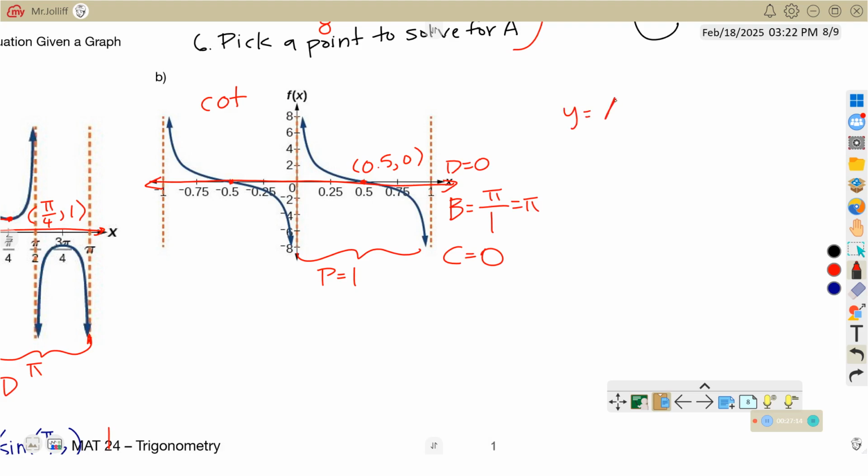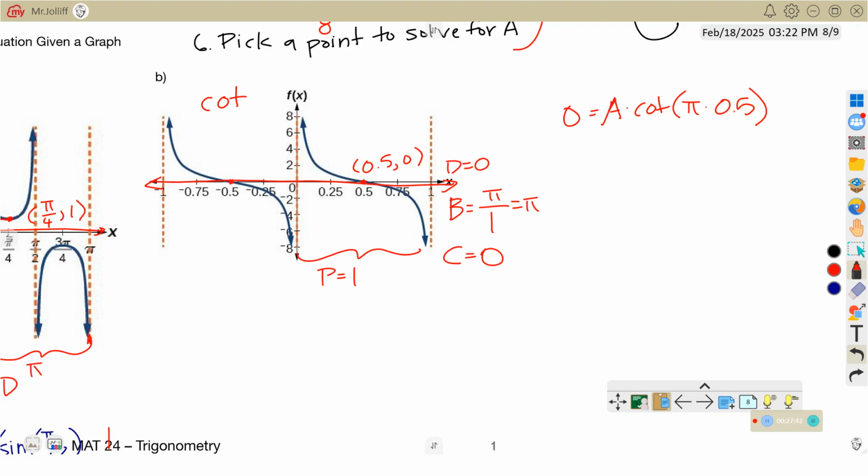Y equals A, not tan, cotan, and then B is pi times X, which is 0.5, C and D are 0. And we're going to plug in Y. Y was 0. This equals 0.